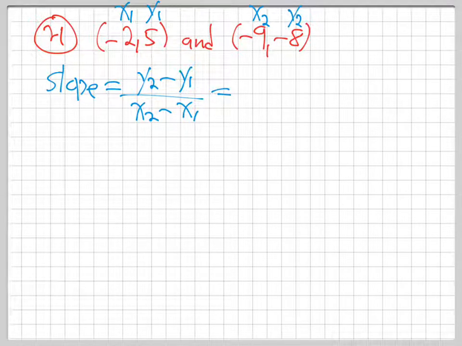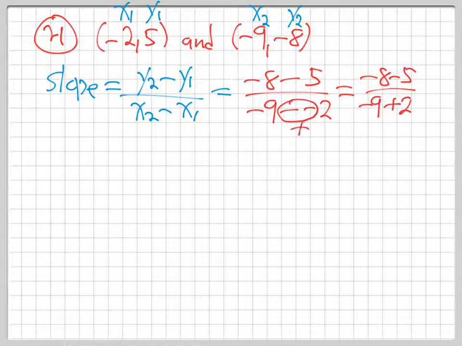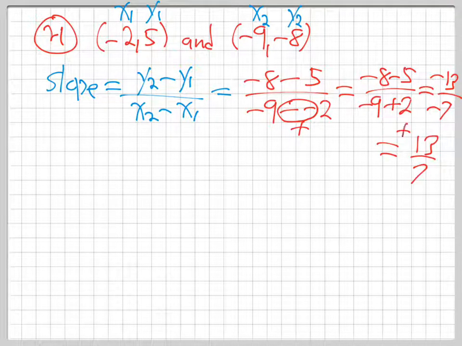So y2 minus y1 over x2 minus x1. Okay, so that's -8 minus 5 over -9 plus 2. Write that double negative there, becomes positive. So it's -13 over -7, two negatives, positive 13 over 7.